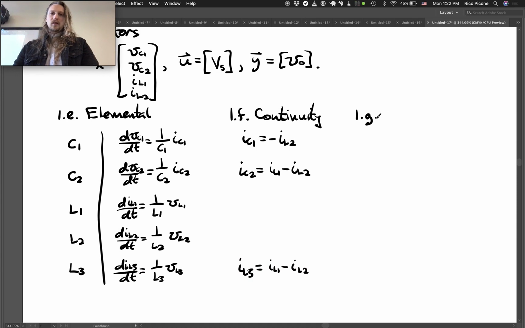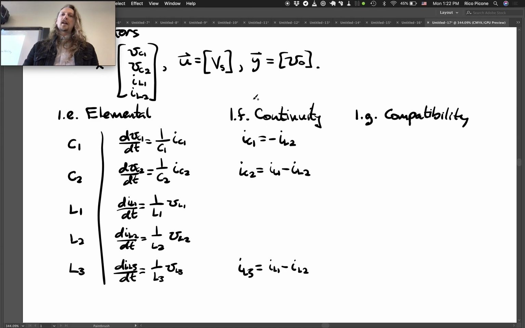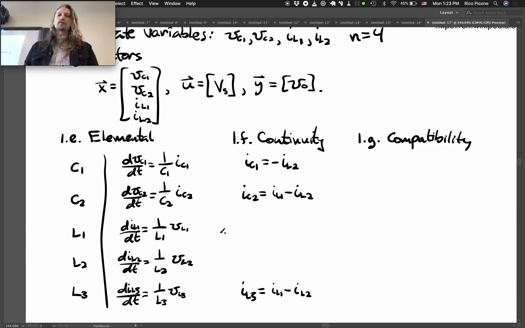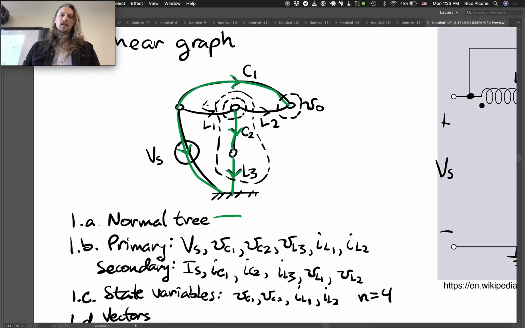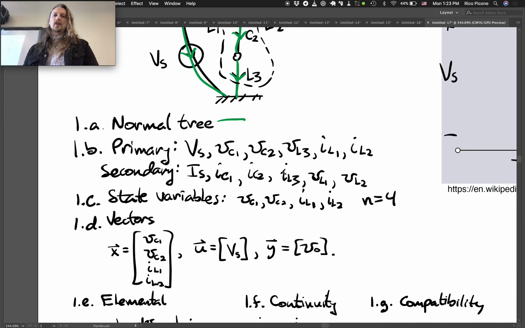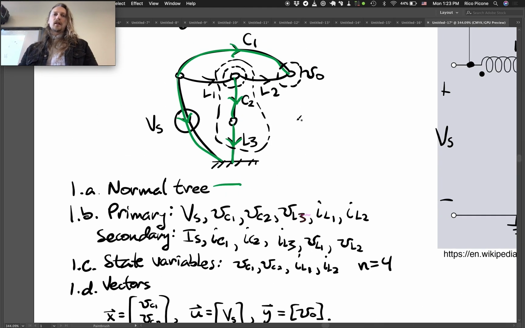1G, compatibility. Okay, so for each of these elements we didn't write a continuity equation for, we'll need a compatibility equation. It's the two links, L1 and L2. When we plug L1 into the normal tree, we get this loop, right? So it says that VL1 equals VS minus VL3 minus VC2. I'll write it up here and then copy it down so we can look at this while we're writing it.